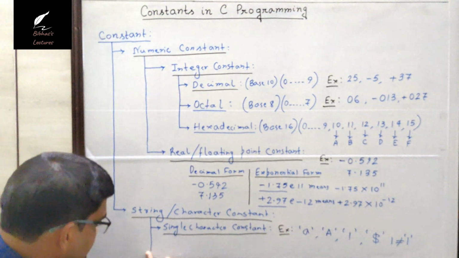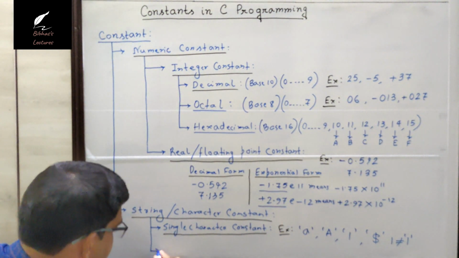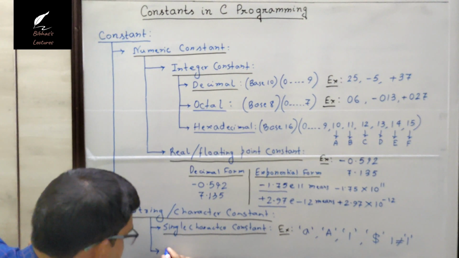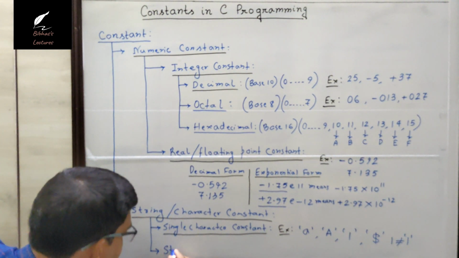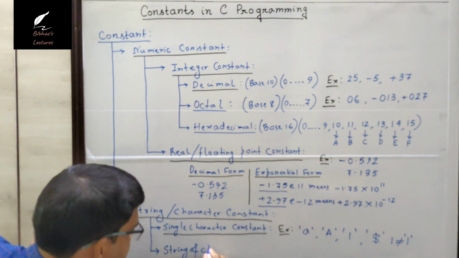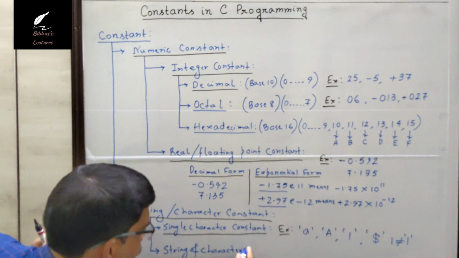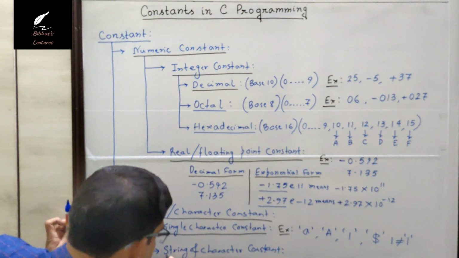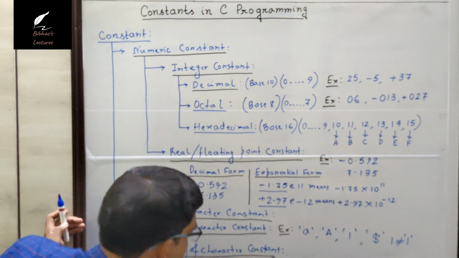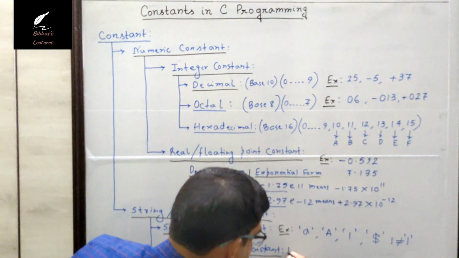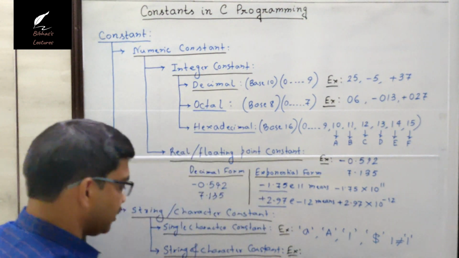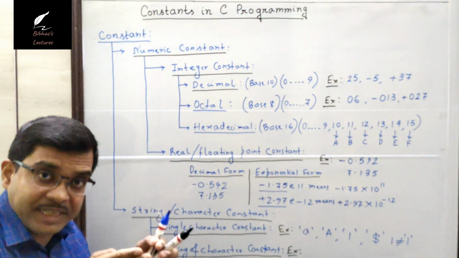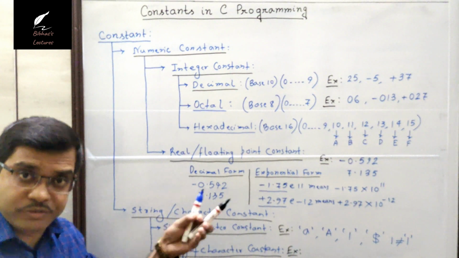Okay, the next category of character constant is string of character constant. Now what is the example of that? From the name you can easily understand that string of characters means it is a collection of characters, a sequence of characters.